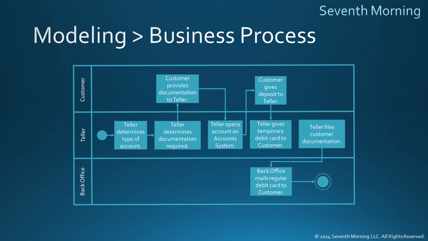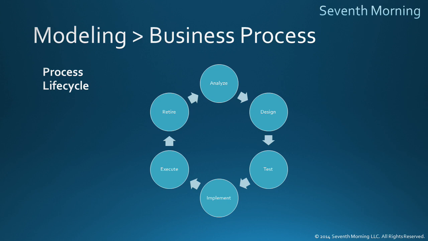Second, we spoke about, now you have to search your memory, various life cycles earlier in the course. Well, I mentioned that processes also have a life cycle. Well, this is kind of what it looks like. The first stages in the life cycle are analysis and design, where the business process is understood, analyzed, and described.